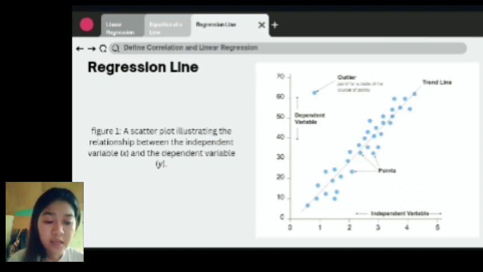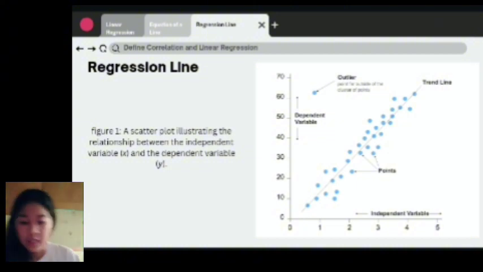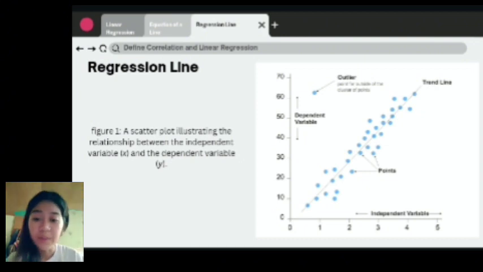For instance, in a simple linear regression, you might have one independent variable, that's the x, and the dependent variable is y. The regression line is determined by minimizing the sum of square differences between the observed values and the values predicted by the line.